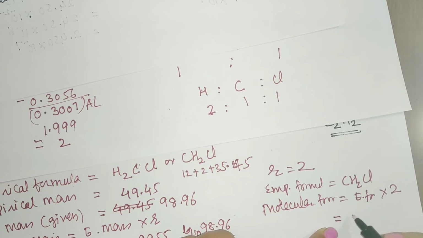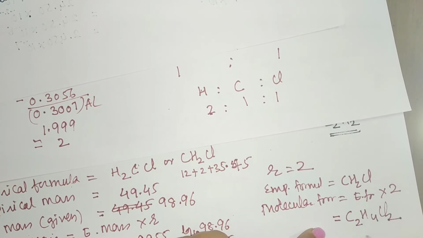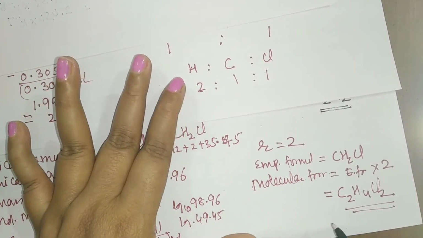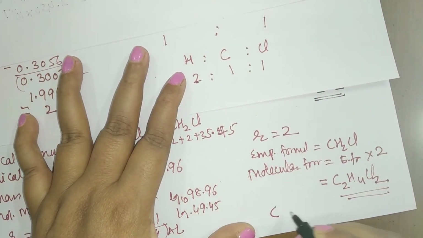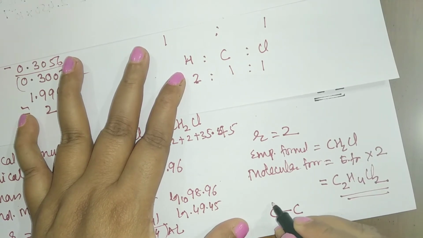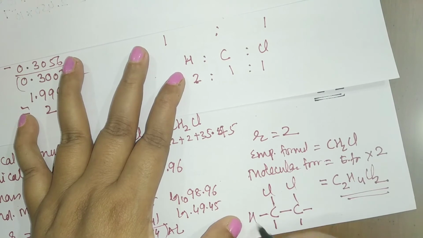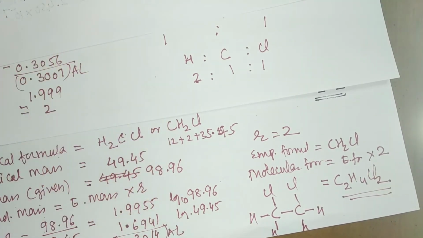So your answer is C2H4Cl2. So this is the molecular formula for the given question. The structure might be something like this: Cl, Cl, H, H, H and H. So this is how you go for the calculation.